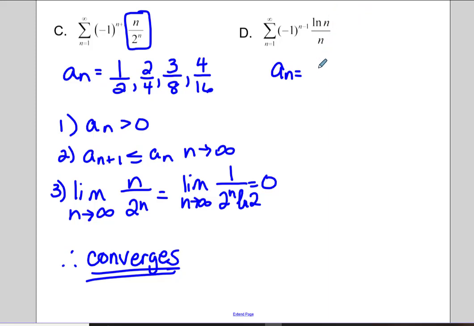And part D, let's see, we have our a sub n terms. When n is 1, we have 0, and then natural log of 2 divided by 2, natural log of 3 divided by 3, and so on. And if we use the derivative, we could prove that the function is decreasing.